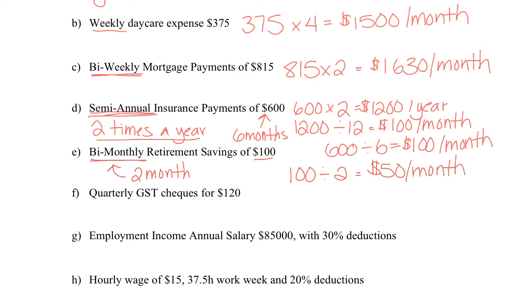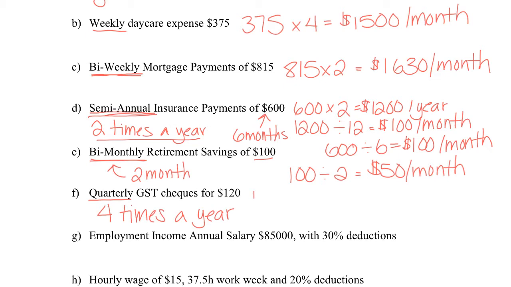Okay. The next one has us looking at quarterly GST checks. So this is 4 times a year. We could calculate this again in a couple different ways.